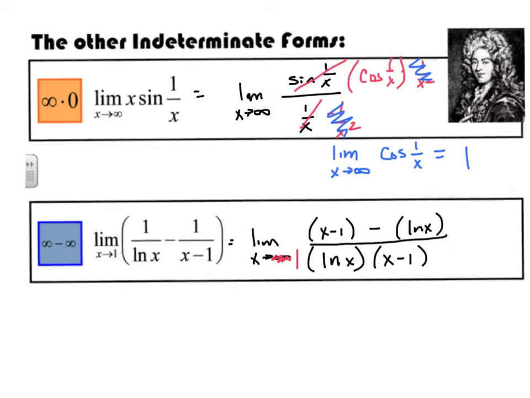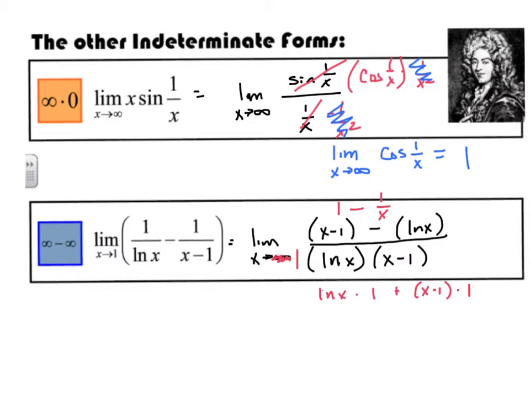So I do the derivative of the top, so 1 minus 1 over x, and I do the derivative of the bottom, which I'm going to need product rule for first. Let's do it in the right order. First times the derivative of the second plus the second times derivative of the first.